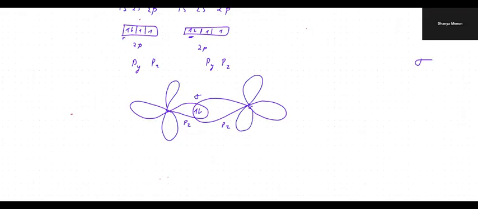It's not possible to bring them closer than this, so we denote it this way. This is py. The py orbitals overlap sidewise to give you a pi bond. So there is a double bond between two oxygens. One is a sigma bond, the next one is a pi bond. First sigma, and then pi bond.